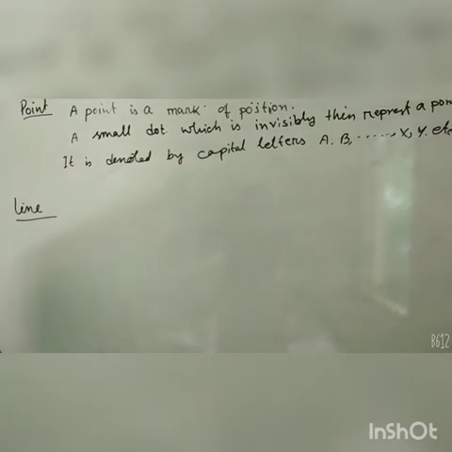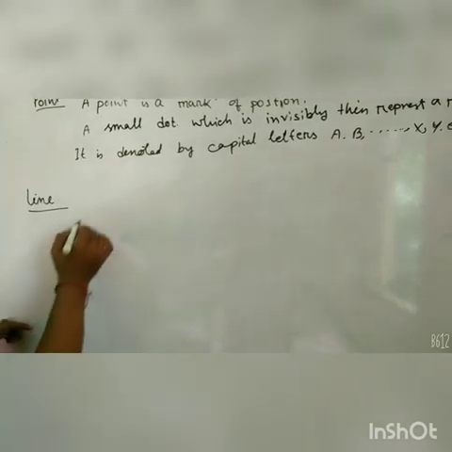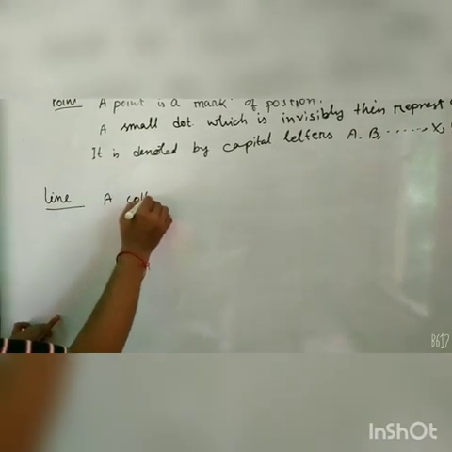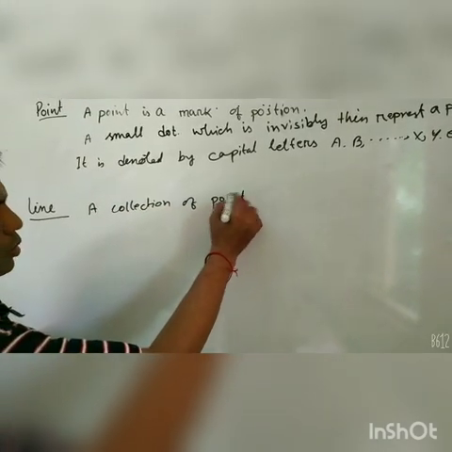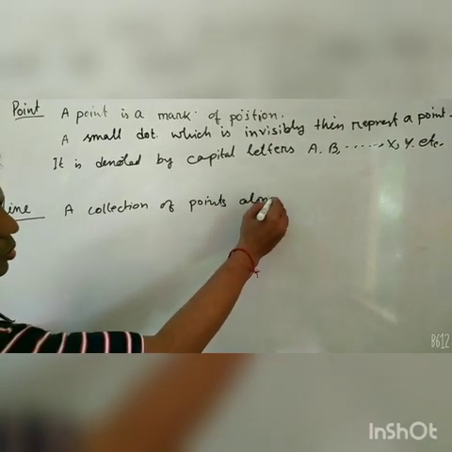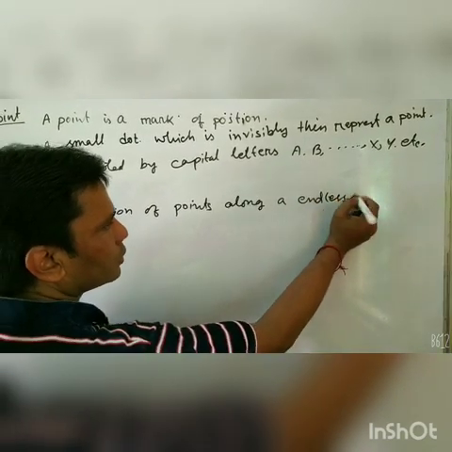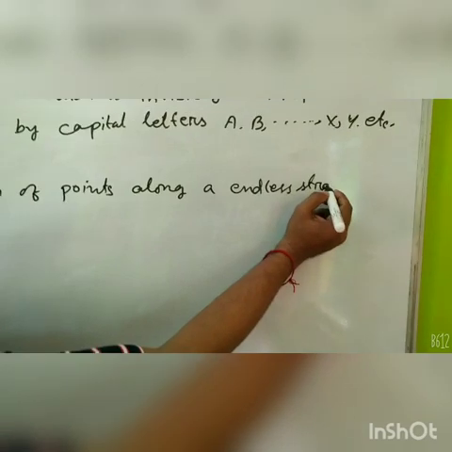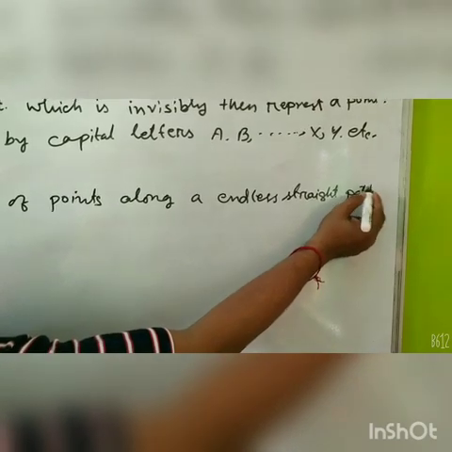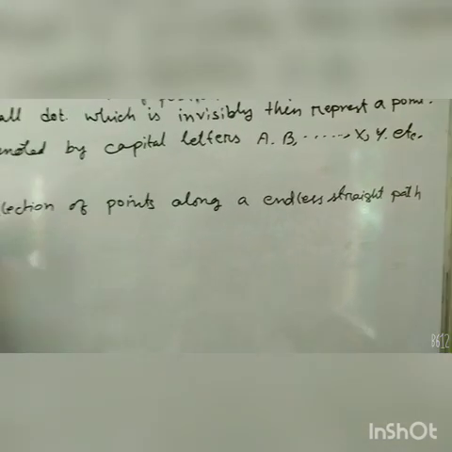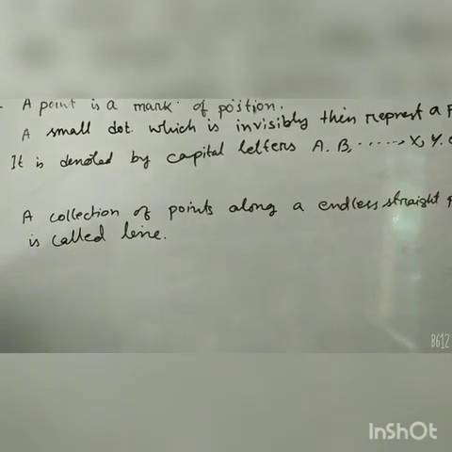A collection of points along an endless straight path is called a line.